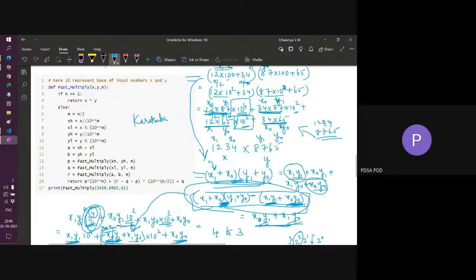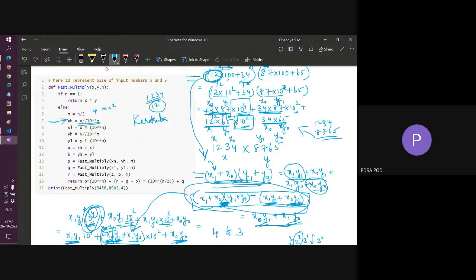So the code is very simple. When you're dividing by 10, say you have 1234, you're getting this. But when you're doing 10 power m, which is n by 2, so n is actually 4, right? So m equal to 2. When you're dividing by 10 power 2, you are actually getting the 12, whatever we needed here, right?